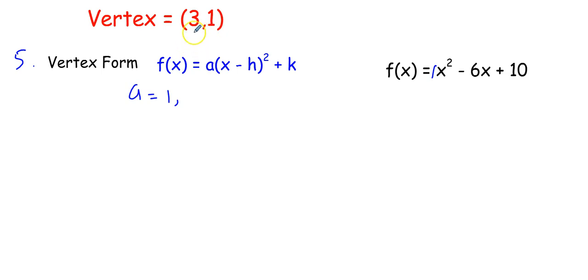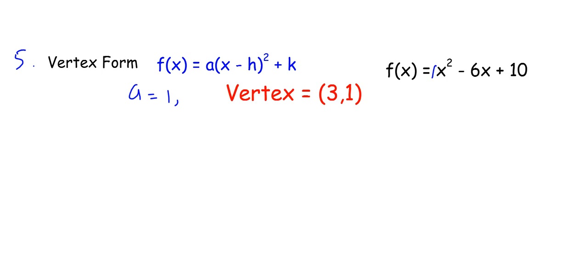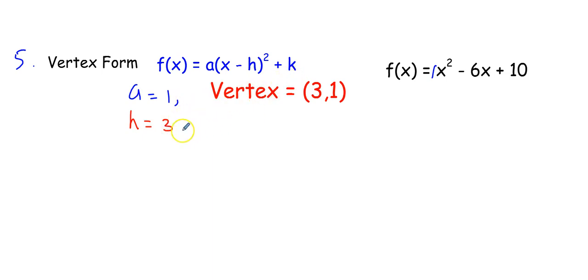We have this vertex, that is h is equal to how much? 3, and k is 1. I'll substitute them now.